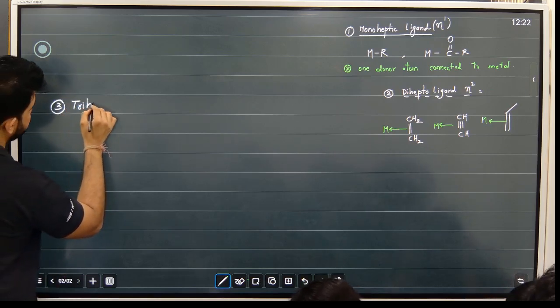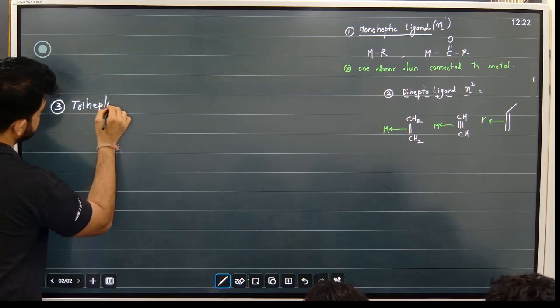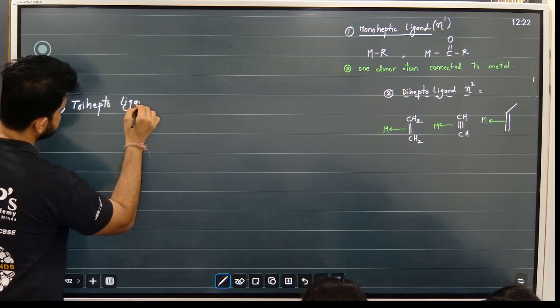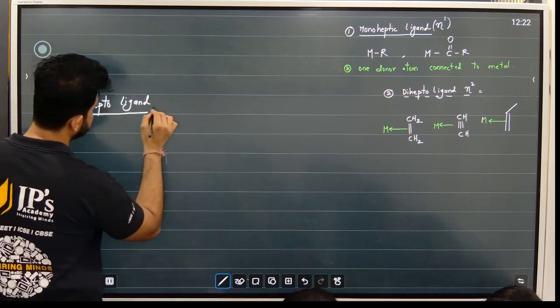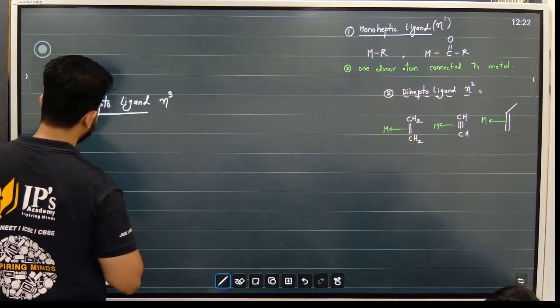After dihapto we have trihapto ligand, where you have 3 donor atoms.